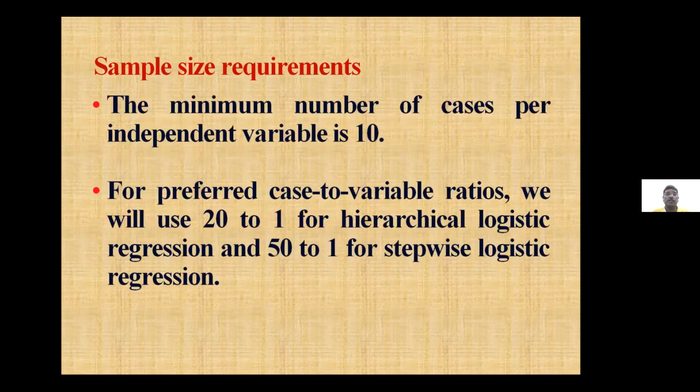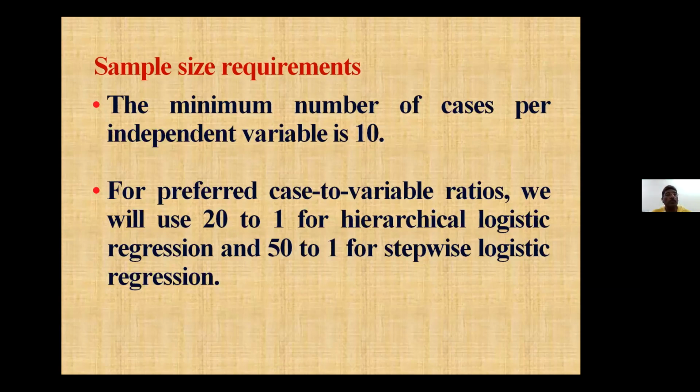So, sample size requirement: the minimum number of cases per independent variable is 10. This is a crude idea. Suppose you have 10 independent variables, the sample size should be more than 100. For the preferred case-to-variable ratio, we will use 20 to 1 for hierarchical logistic regression and 50 to 1 for stepwise logistic regression.